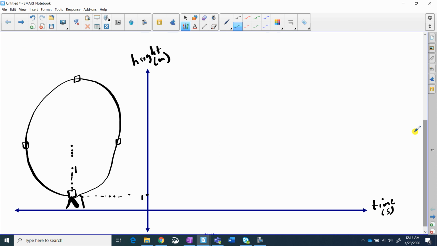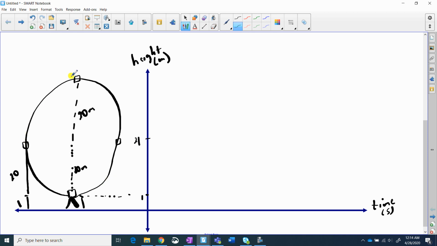The radius is 20 meters, so from here to here is 20 meters, and from here up to here is another 20 meters. From the ground to the middle of the wheel is 20, plus 1. If they're right in the middle of the wheel, they should be 21 meters above the ground.